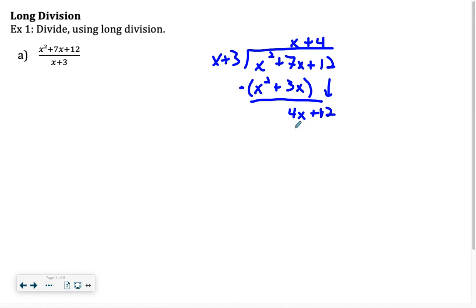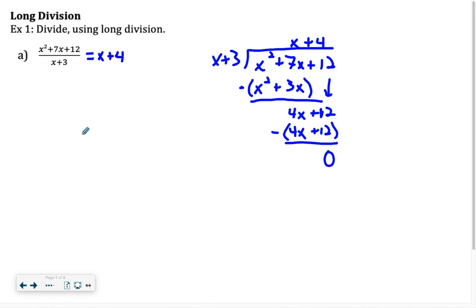So 4 times x is 4x. 4 times 3 is 12, and I subtract. So 4x minus 4x is 0, and 12 minus 12 is 0. I have nothing left to bring down, so my remainder is just 0. My answer here then would just be x plus 4 with no remainder.